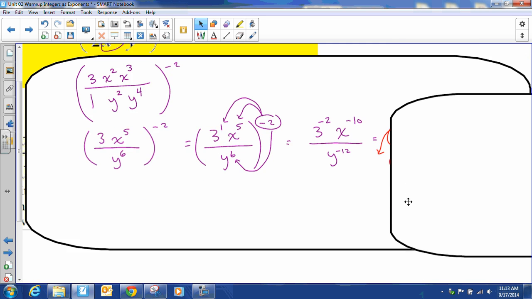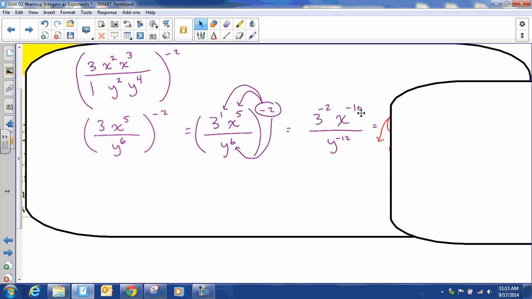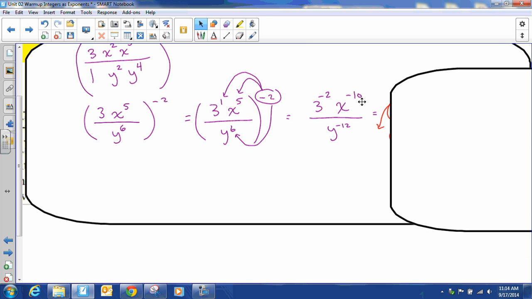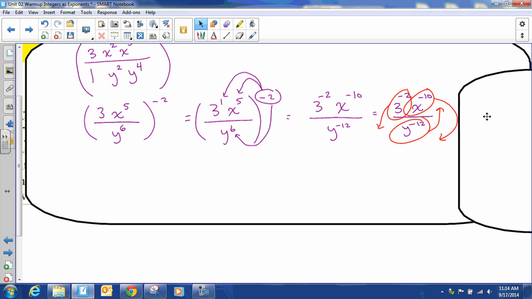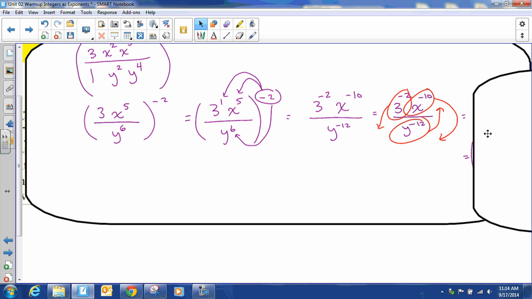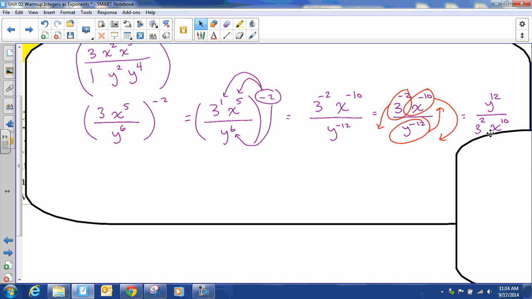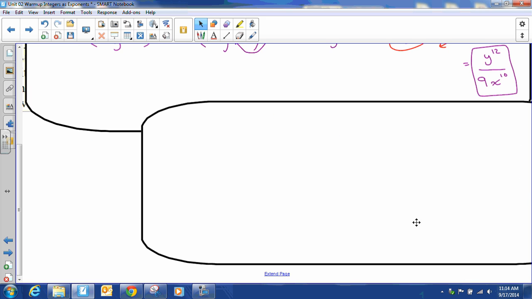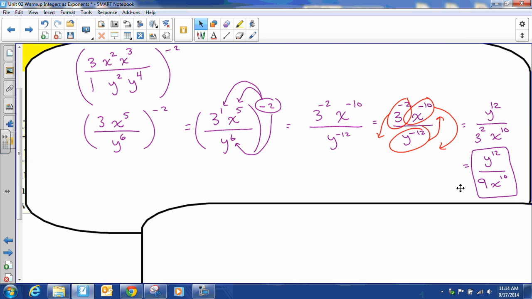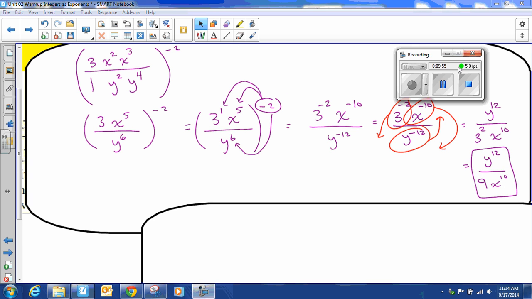You should remember, because we're dealing with all negative exponents, in order to simplify, we need all of these powers to be positive, which means we need to bring them to the other side of the fraction bar. So I circle them and I draw arrows to where they need to go. Final answer, y to the 12th over 3 squared, x to the 10th, and that 3 squared can be simplified to a 9. So here's your final answer, and that sums up the lesson.